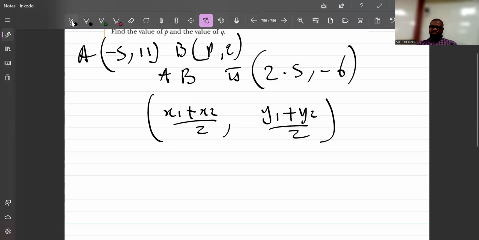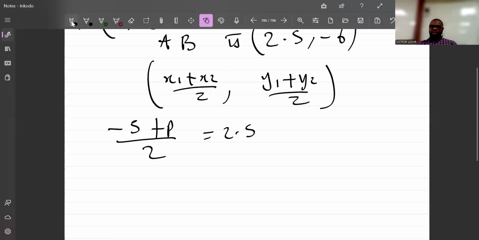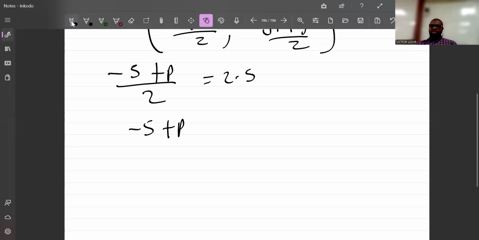I know that minus 5 plus P all over 2 will give me 2.5. So I will now have minus 5 plus P equal to 2.5 times 2, which gives me 5. So I'll have P equal to 5 plus 5, P equal to 10.